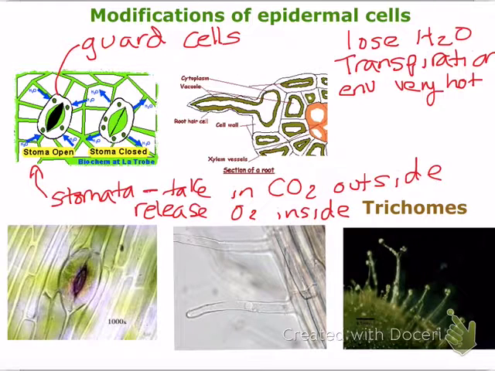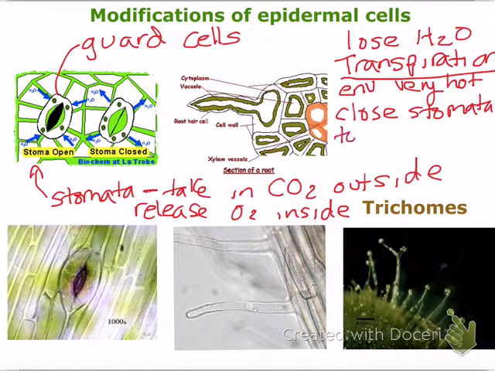This is the process of osmosis because water is going to move from a high concentration to a low concentration. So if it's very hot, the plant's going to have more water than the outside. So the water will move from the plant to the outside. But to prevent transpiration, a leaf will close its stomata to prevent water loss, to prevent transpiration from happening.